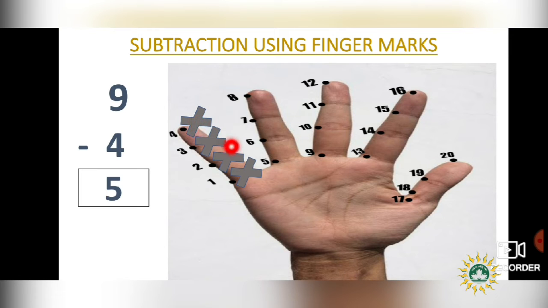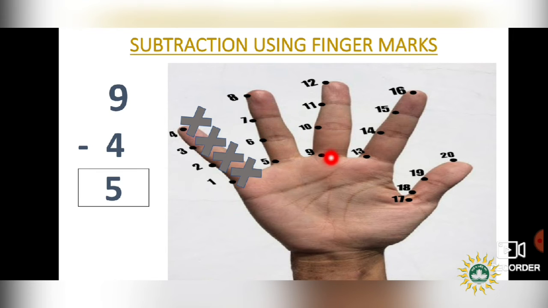Now to get the answer, how much is 9 minus 4? We will start counting from here till here. Why? Because this is where 9 ended. This is where we have counted 9 finger marks. So we will count the remaining finger marks till here after crossing out 4 finger marks. So let's count 1, 2, 3, 4, 5.